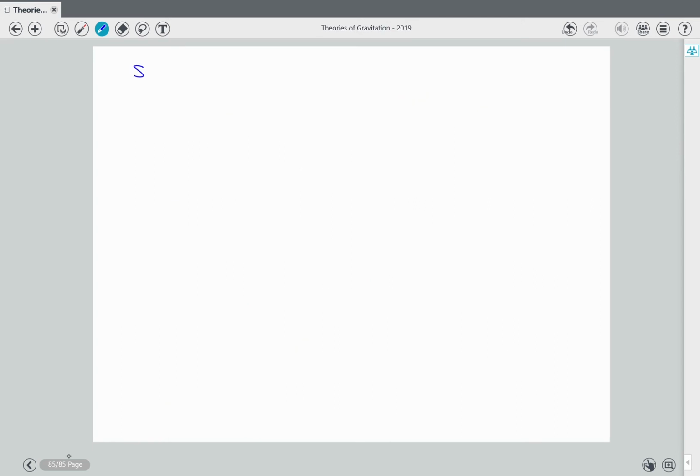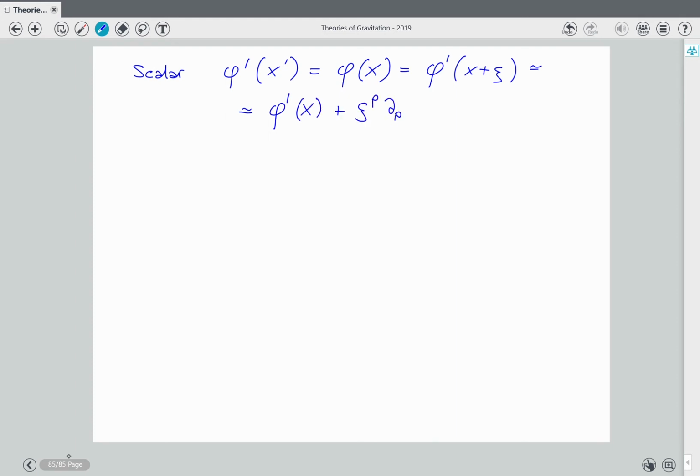So if you have a scalar field, you know that the transformation is this. But that is φ'(ψ + x), which to the first order is φ'(x) plus ψ^ρ ∂_ρ φ.